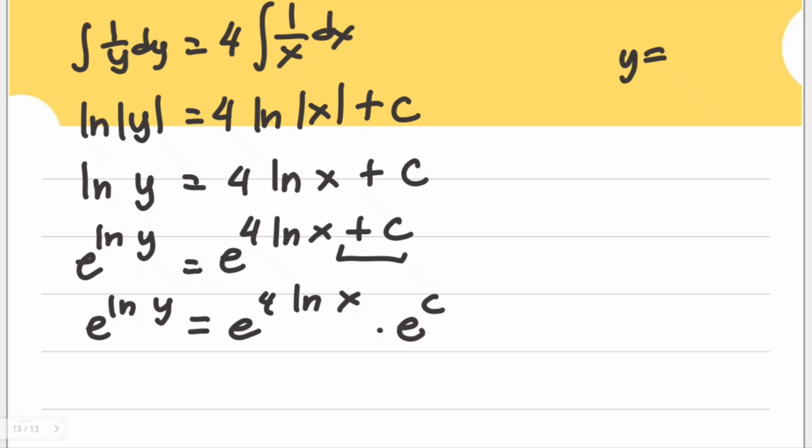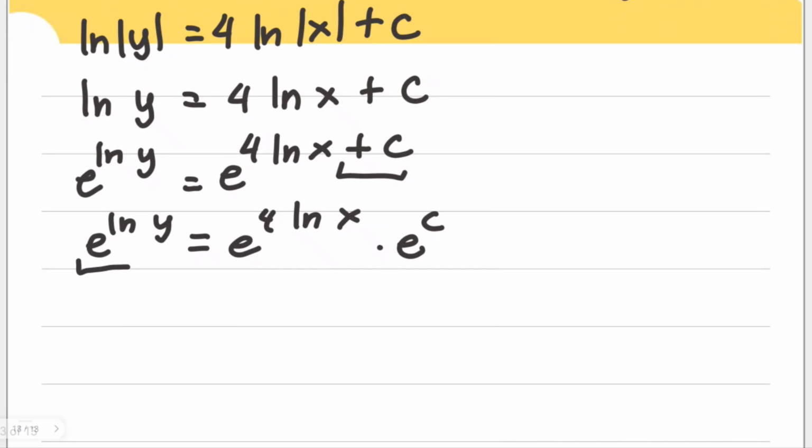We're doing that because we can simplify this form now, and before we do that, actually, let's also use a certain rule or law for our x here, because you can express 4 ln x as ln of x to the power of 4, making this an exponent of x there, times again e to the power of c.